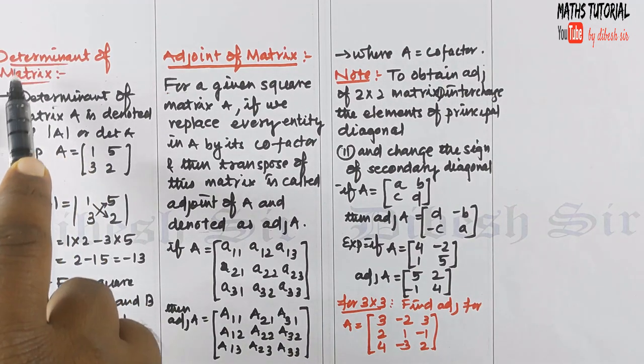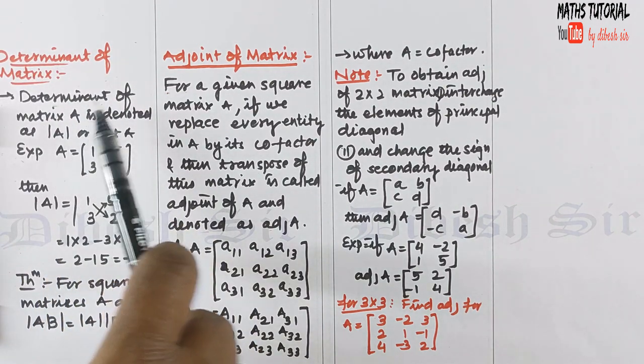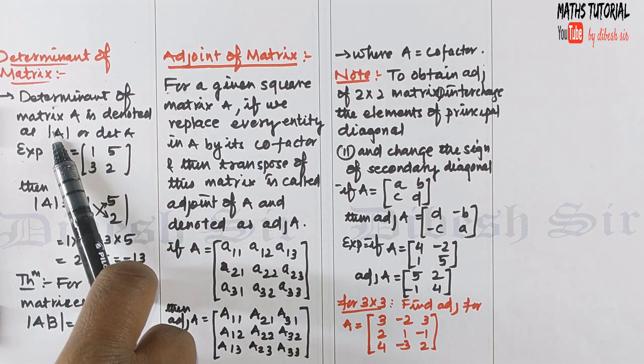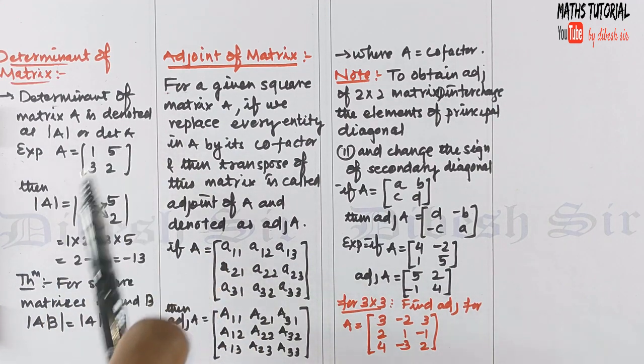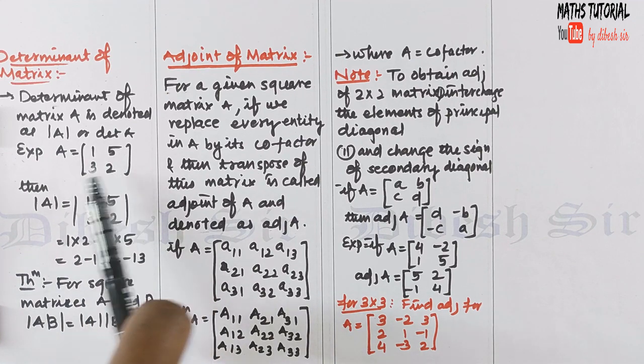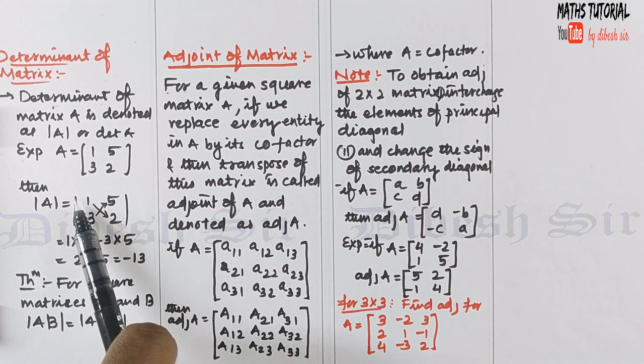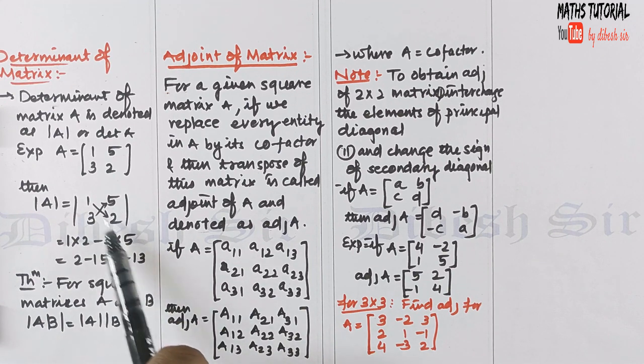First, determinant of matrices. Determinant of matrix A is denoted as mod A or det A. For example, A is equal to [1, 5; 3, 2], then mod A is the determinant of [1, 5; 3, 2].